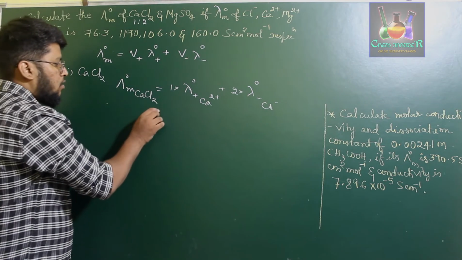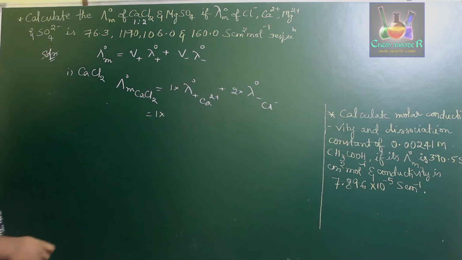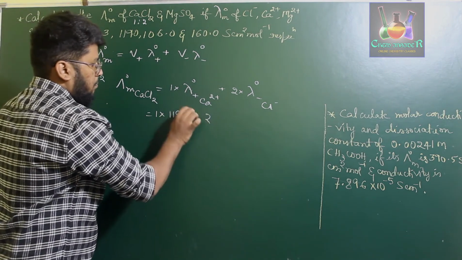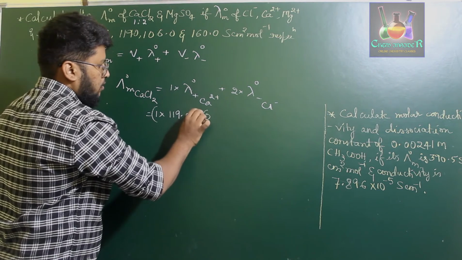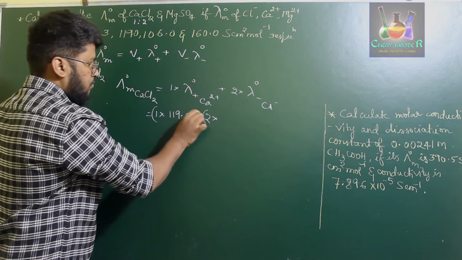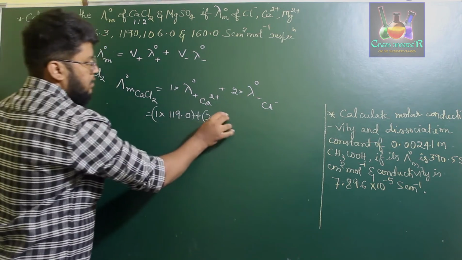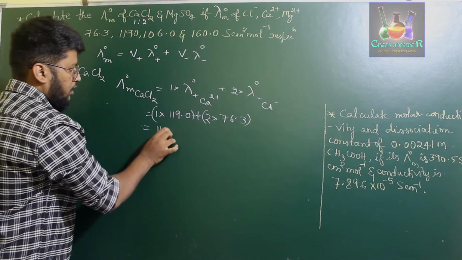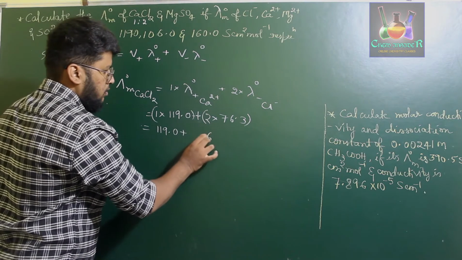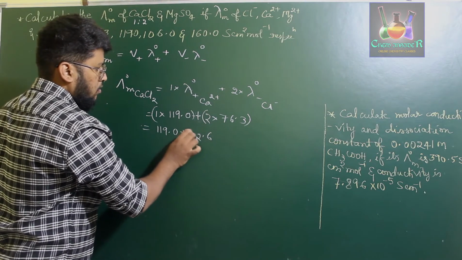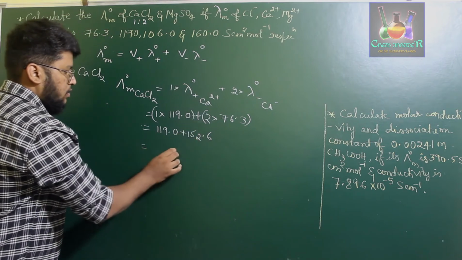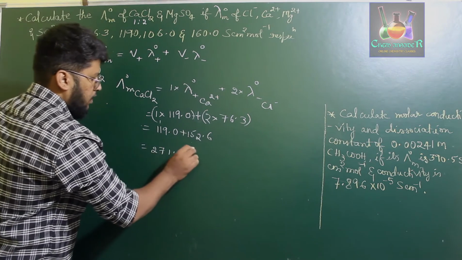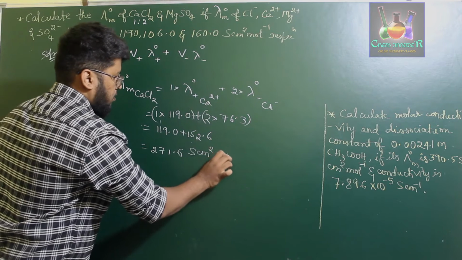So the values will be 1 into 119.0 plus 2 into 76.3, that is 119.0 plus 152.6, which is equal to 271.6 Siemens centimeter square per mole.